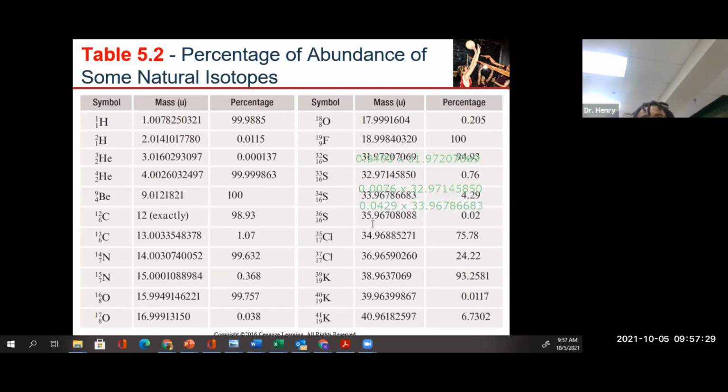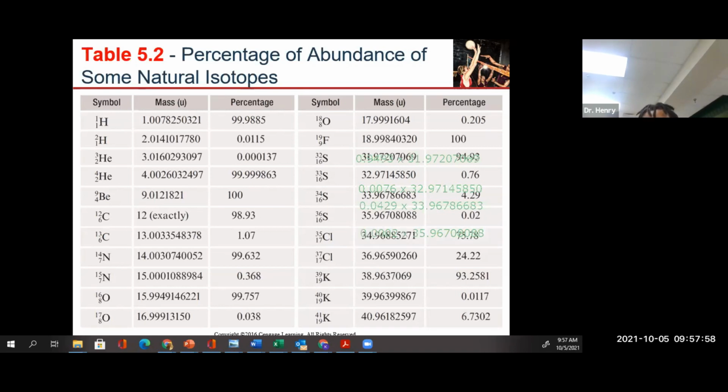And then the last one is going to be 0.0002 times 35.96708088.